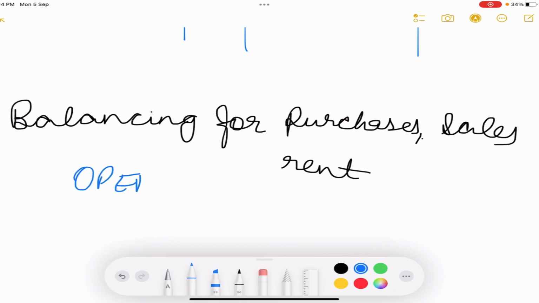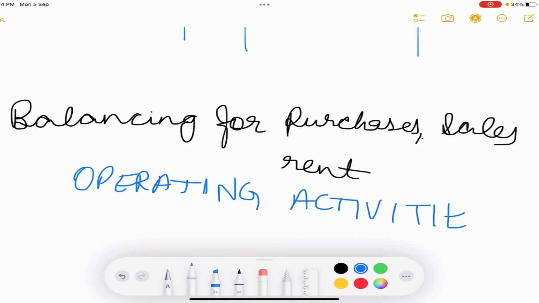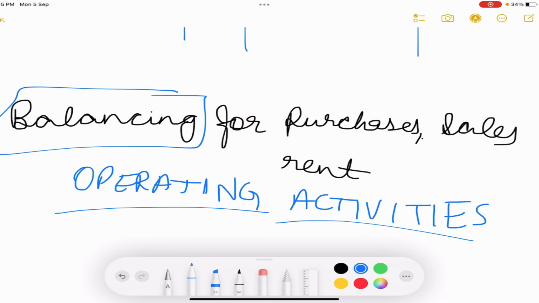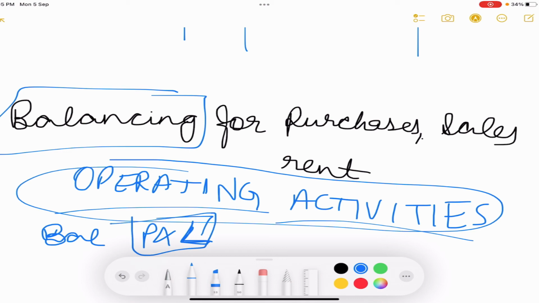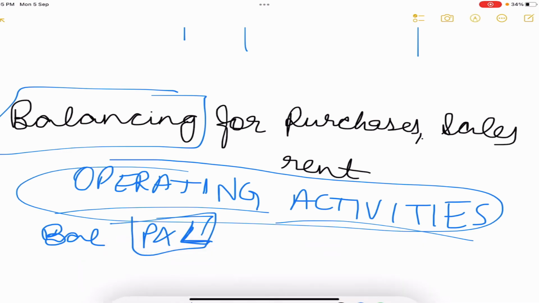Operating activities. So what are operating activities? Operating activities are those activities which come into the day-to-day business activities. So whenever you balance the accounts which are involved in the operating activities, their balance is known as P and L. Okay, their balance is not known as balance CF, it is known as P and L.